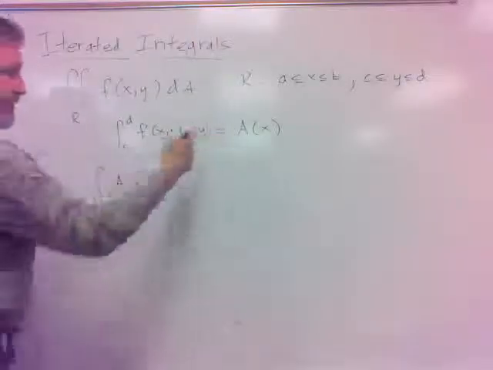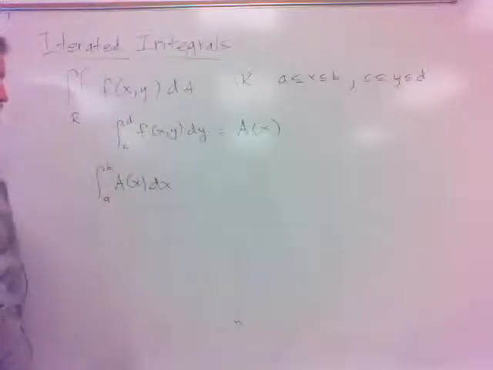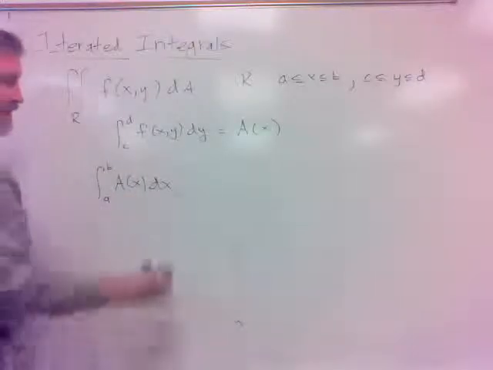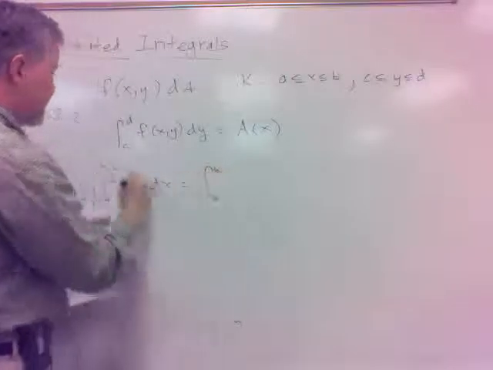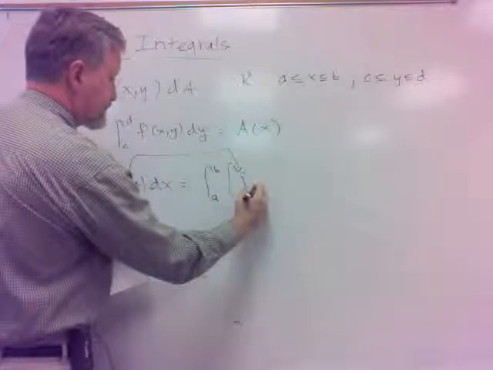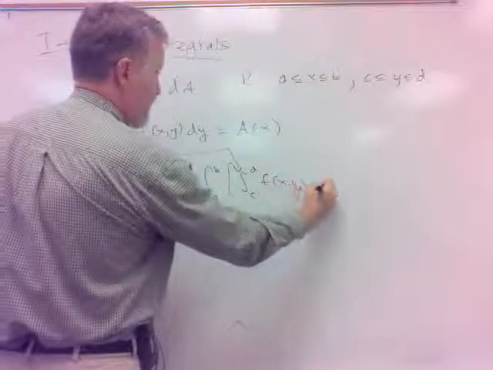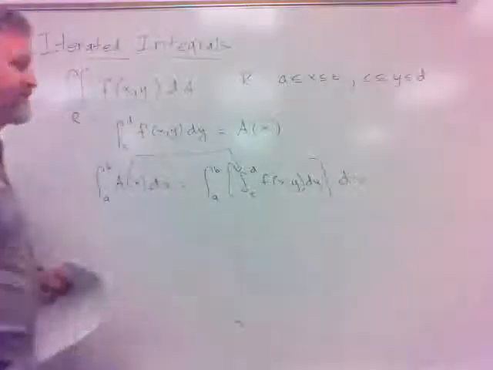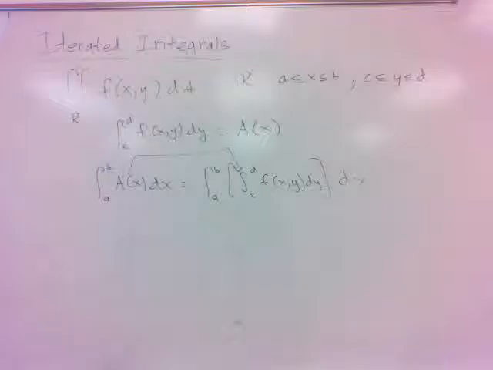I take that and integrate it with respect to x from a to b. And essentially then that's a double integral, because this right here is the integral from c to d of f(x,y). So you see I've kind of got a setup going here where I have a double integral. It turns out it's pretty well that nice.